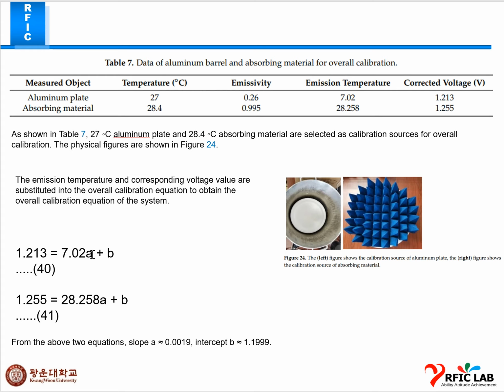Both are equations. Using these equations we find the value of A using the simultaneous method, which we used in the similarity chapter. It's a mathematical calculation, and when you solve these equations using the simultaneous equations method, you will get the value of A this much and B this much.